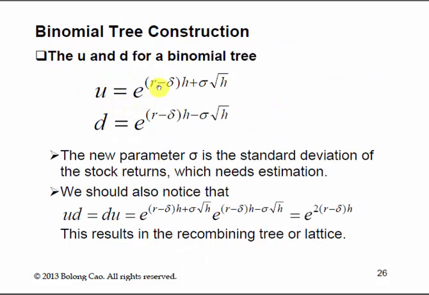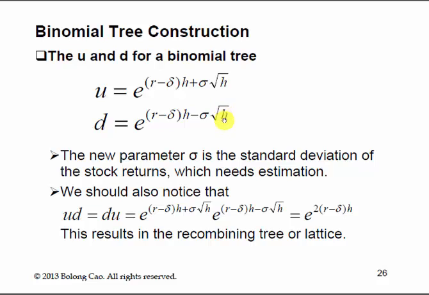So we assume the up and down both have a first term that goes with the risk-free rate minus the dividend yield. Okay, the first term both go like that, and then it has a volatility portion. So sigma here is the standard deviation of the stock returns.